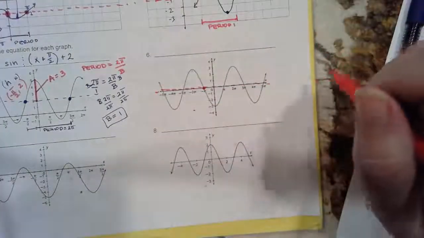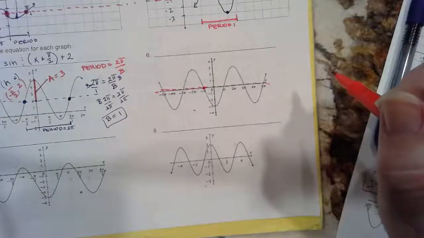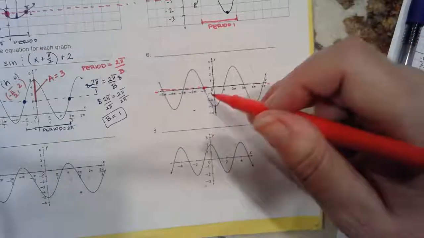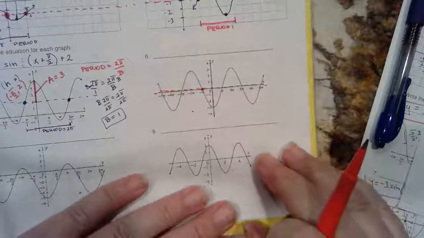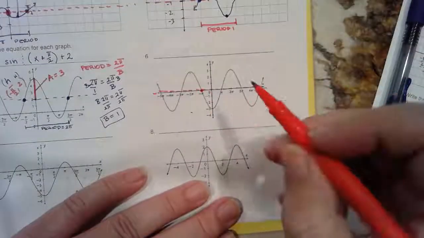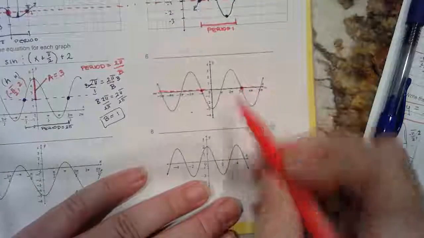Sometimes students go, wait a minute, when it's positive, when it's negative, technically it's the same thing. It just depends where you start your period. Usually we start close to the axis, and that's where we usually start the measurement.